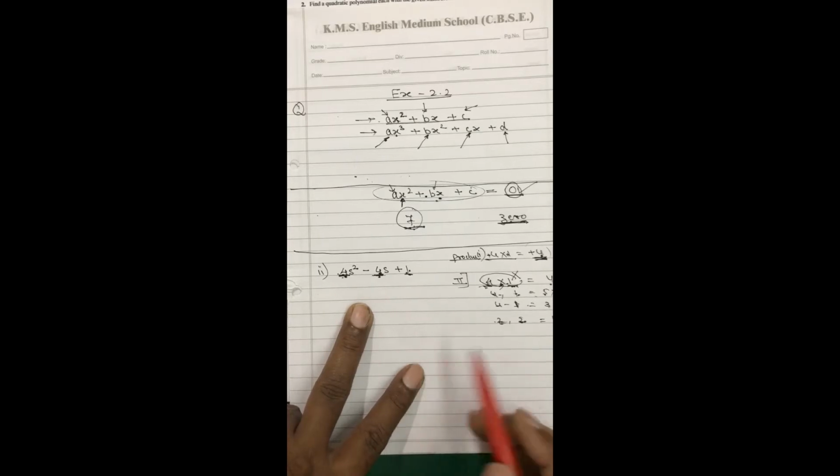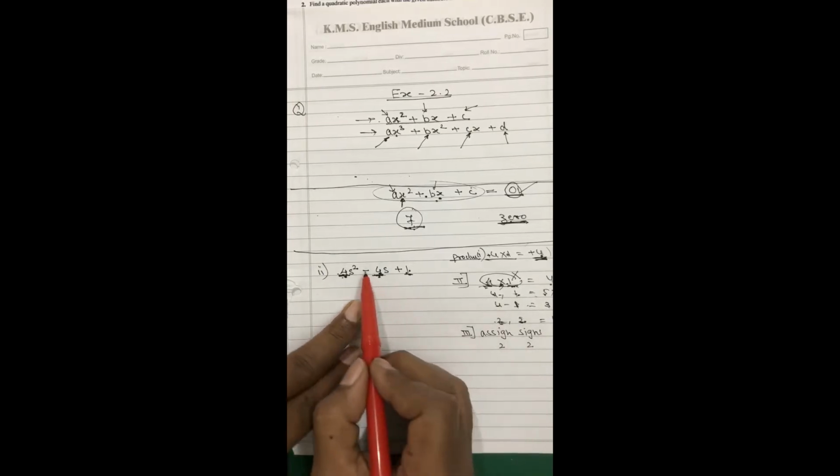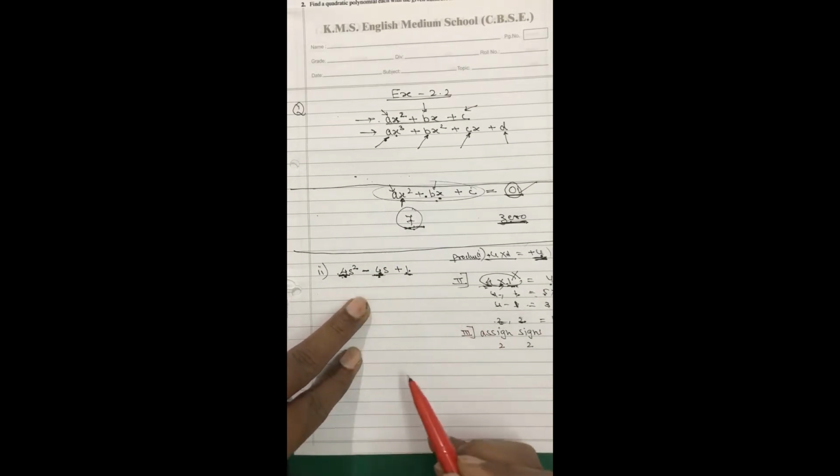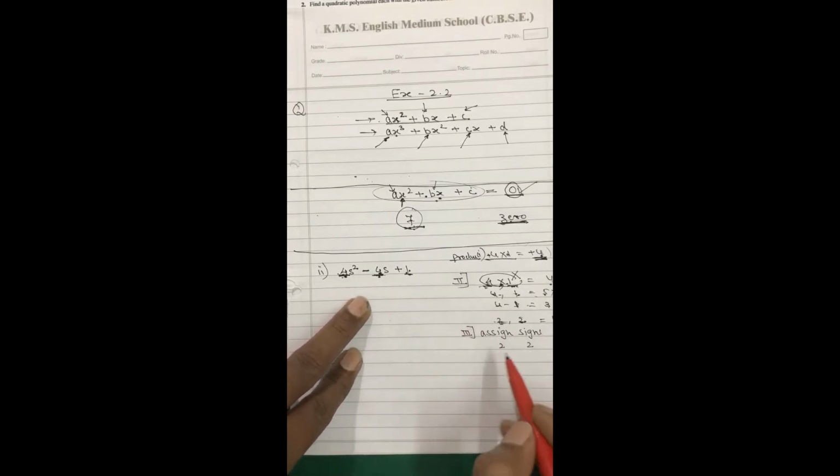Same two numbers. Now comes the third step, that is we have to assign signs. So these are the two numbers, 2, 2. Normally what you should do is give this sign to the greater number. Whatever is this sign, give it to the greater number. Both are 2, so you can give this sign to anybody.